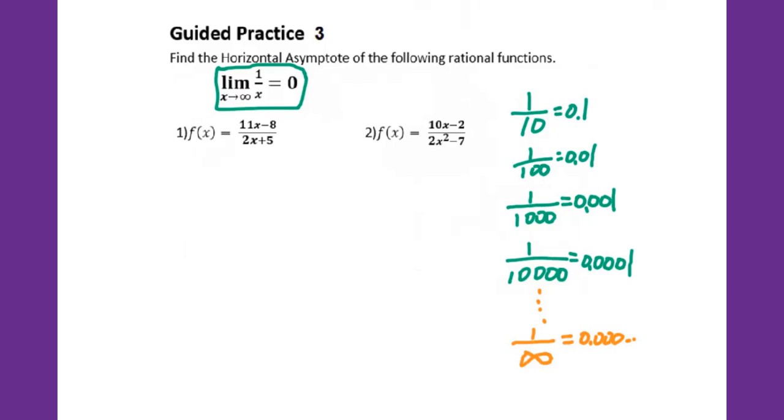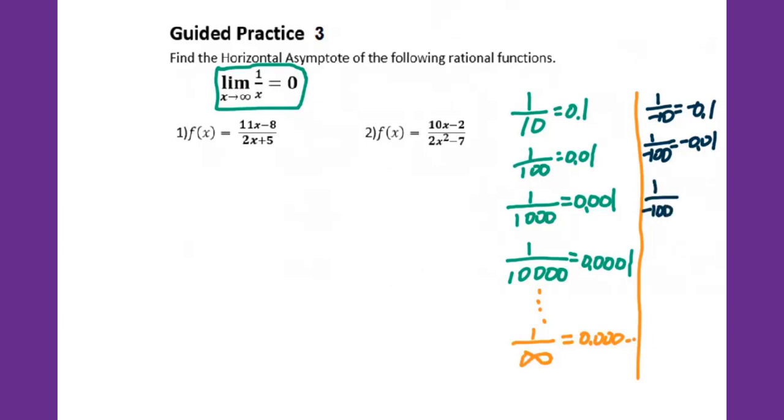Even if we get a negative number, for example, when we have 1 over negative 10, you will get negative 0.1. 1 over negative 100, you will get negative 0.01. 1 over negative 1000, you will get negative 0.001.